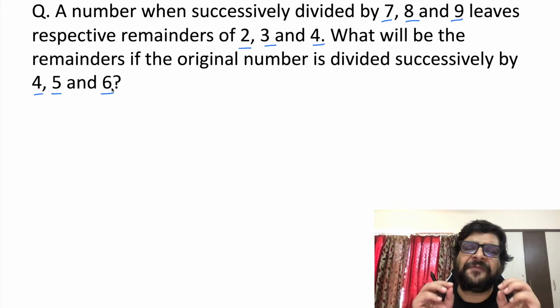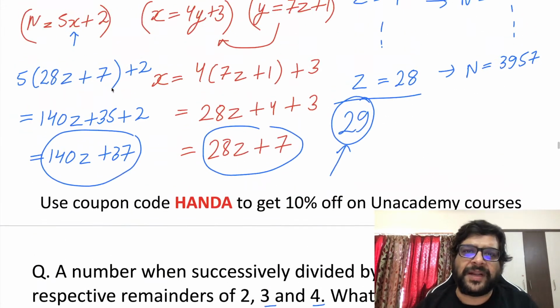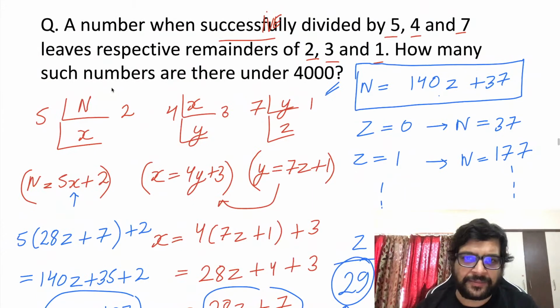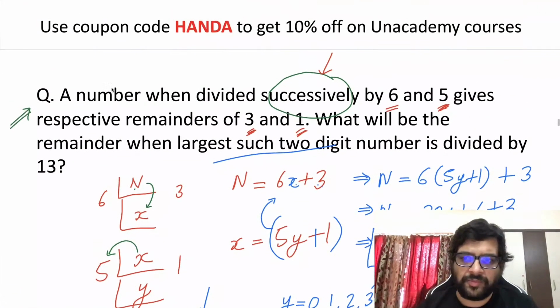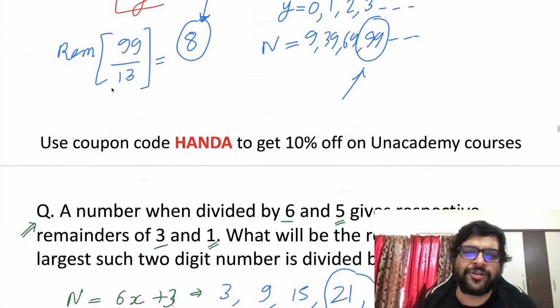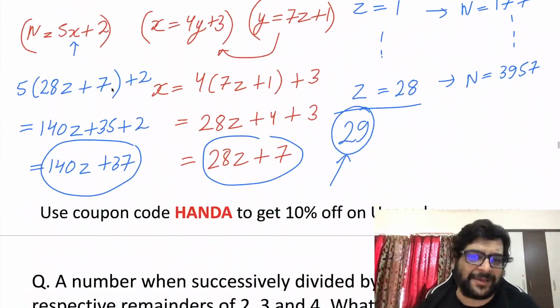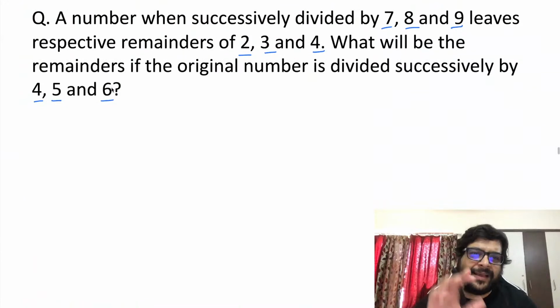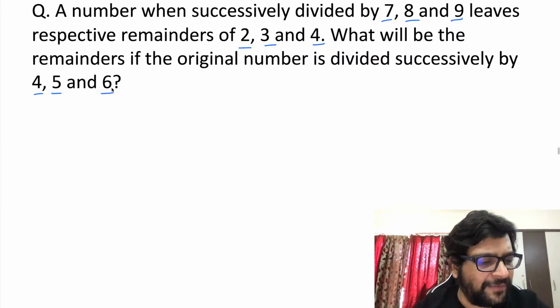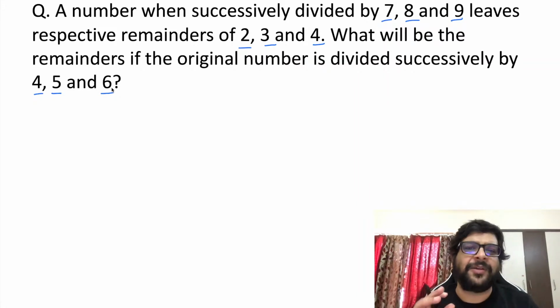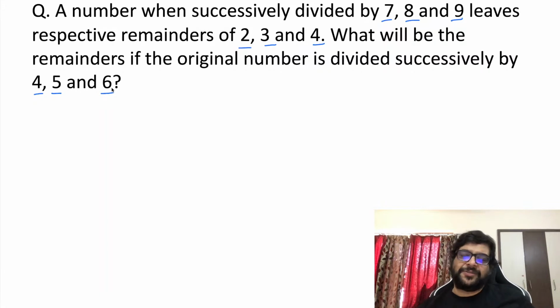Now, what is the fundamental difference between this question and the others? Actually, all questions till now were following a particular pattern. But in this one, there is a slight difference. You can solve it, or you can tell me what the slight difference is, which will make your life a little bit easier.